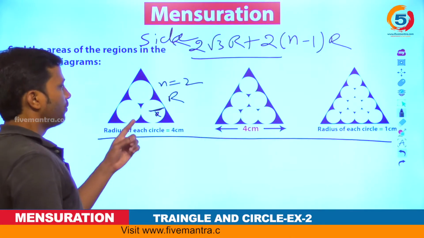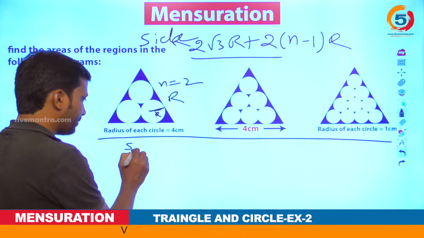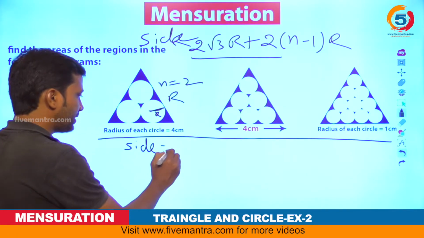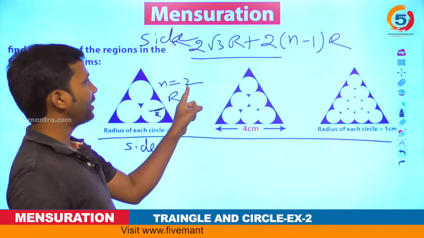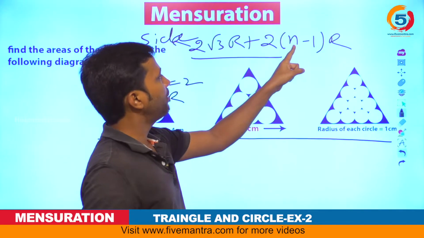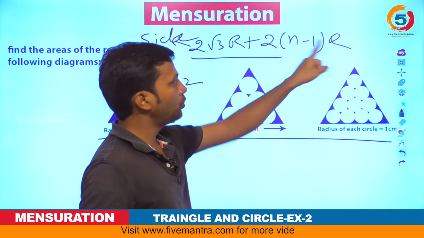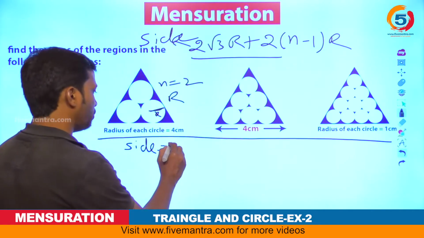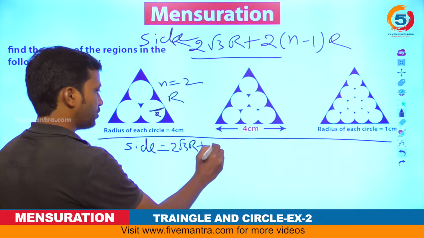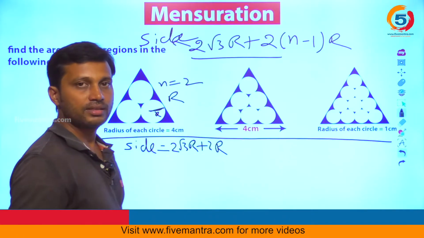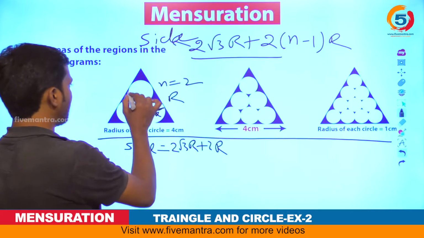Now first we need to find the side. What is the side? 2 root 3 R plus, placing n equal to 2, 2 minus 1 would be 1, 1 into 2R. So that means 2 root 3 R plus 2R is the side of the triangle, each side of the triangle.